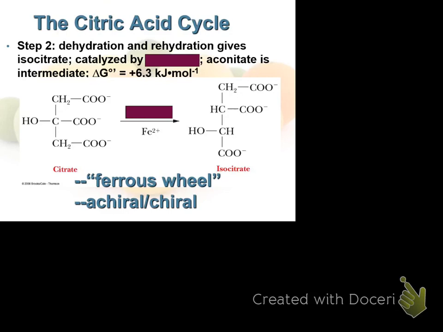This enzyme is the one that usually gives people fits, because sometimes it doesn't make sense. It's named after the intermediate form. It's not named after citrate. It's not named after isocitrate. It's named after aconitate, which is interesting, and I don't know why. There's got to be a good story there, but I don't know it.